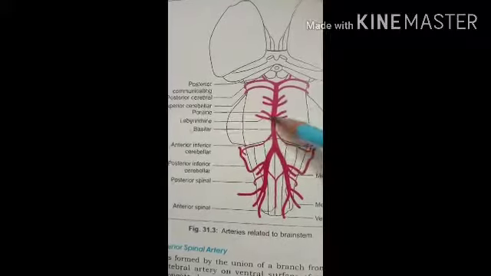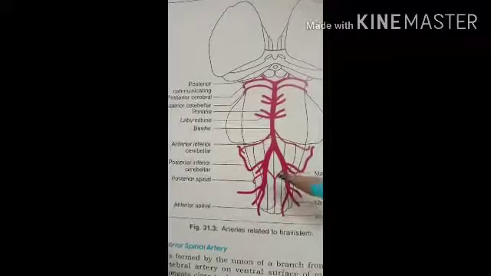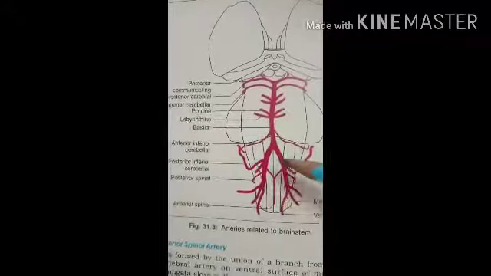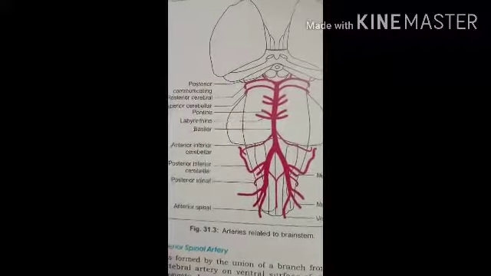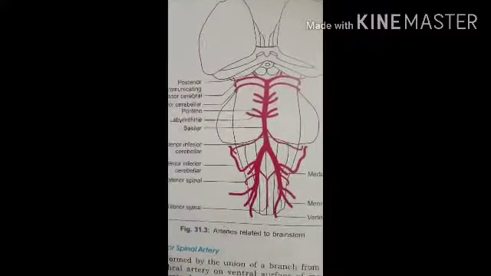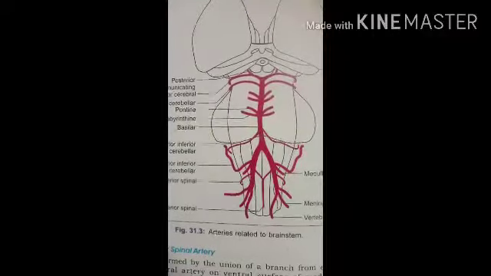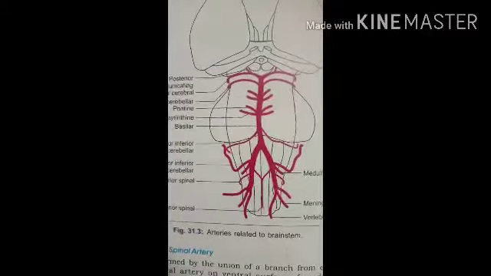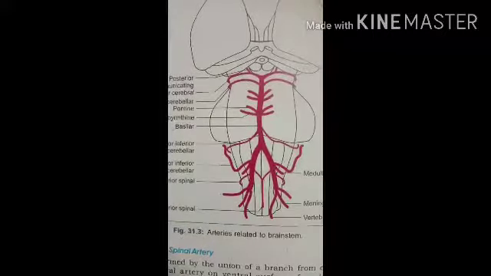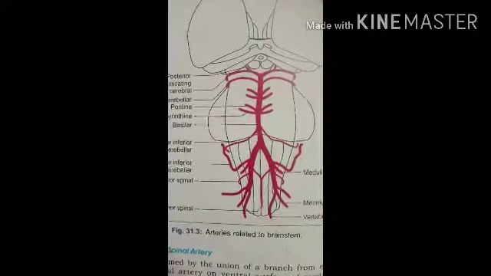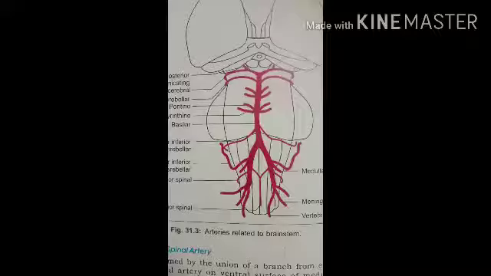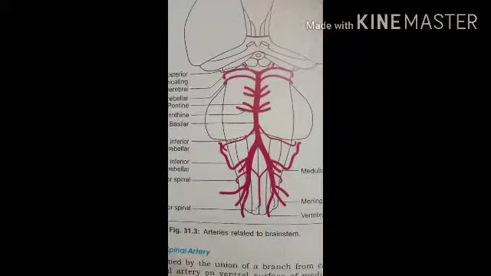So these arteries supply oxygenated blood to the medulla oblongata. After that, let's see the venous drainage. The venous drainage occurs into the sagittal sinuses.